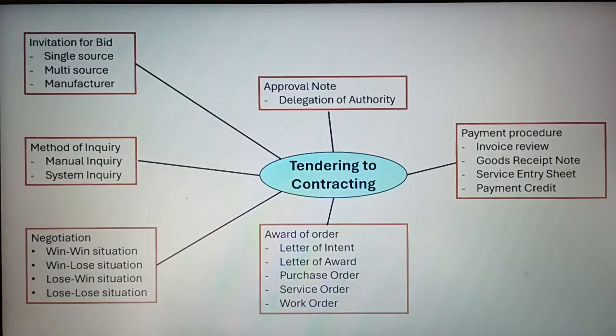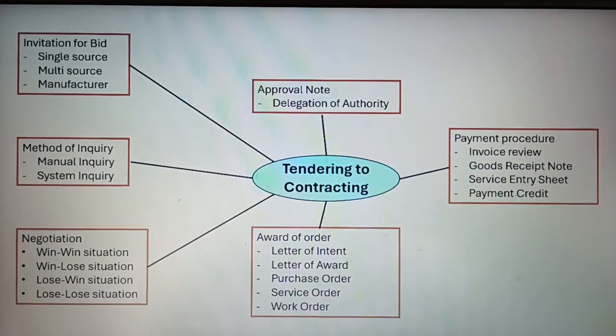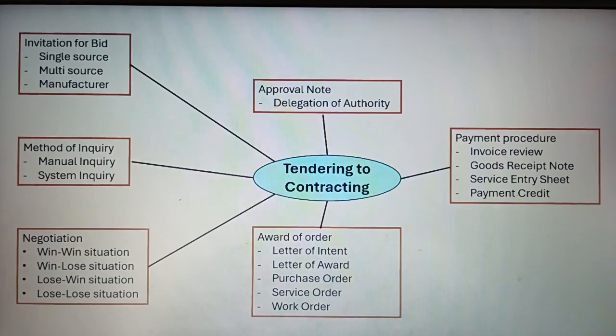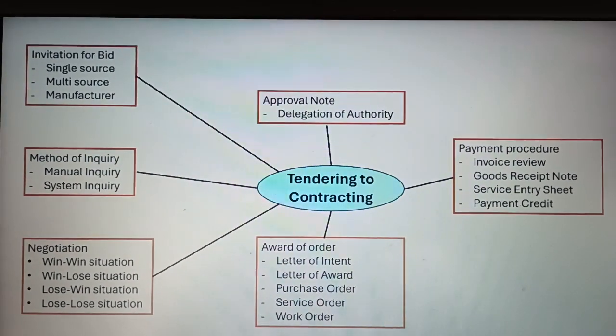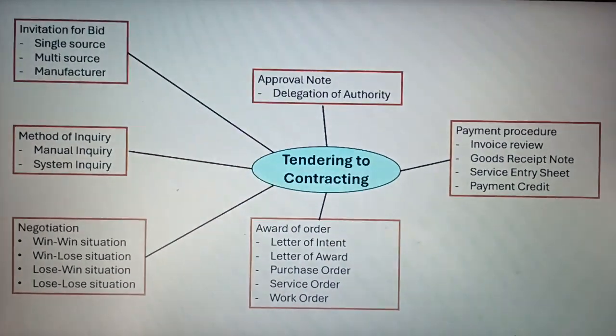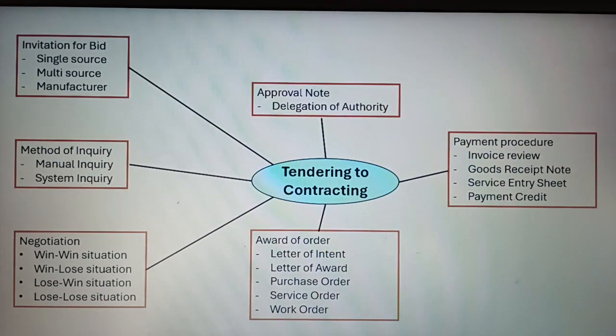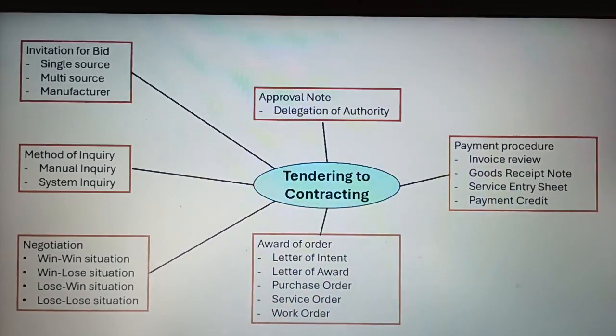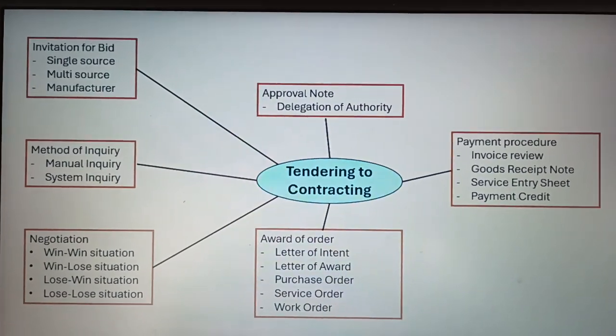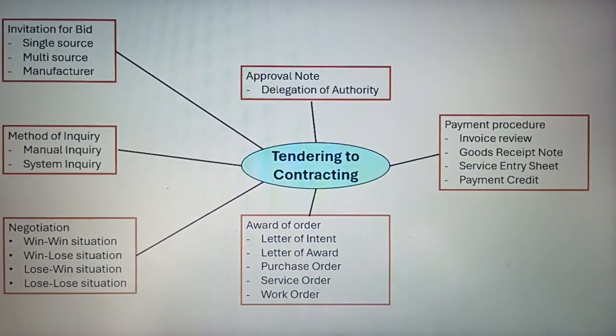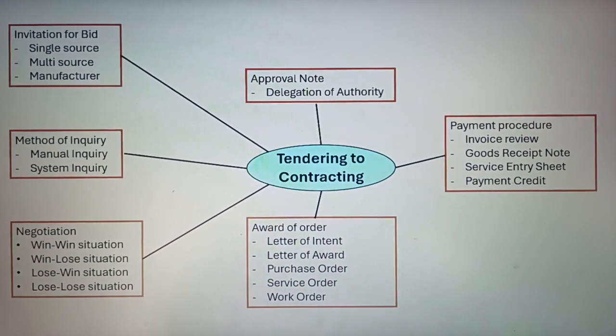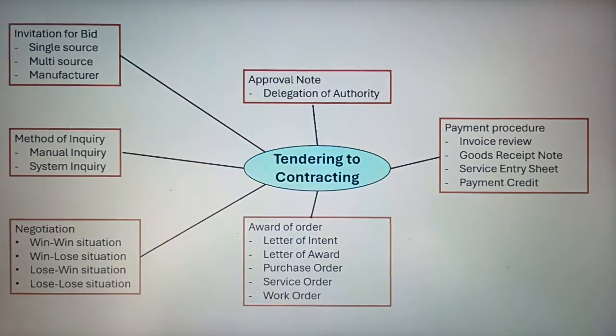We inspect their work, and whatever quantity of work they did as per the SOR of the PO, if it matches the quantity they mention in their invoice, then we send it to the finance department, and the finance department credits the payment into the vendor's or contractor's account.